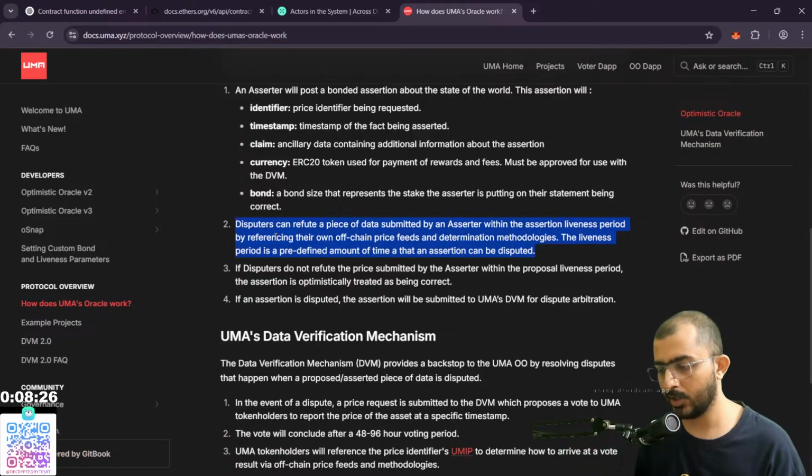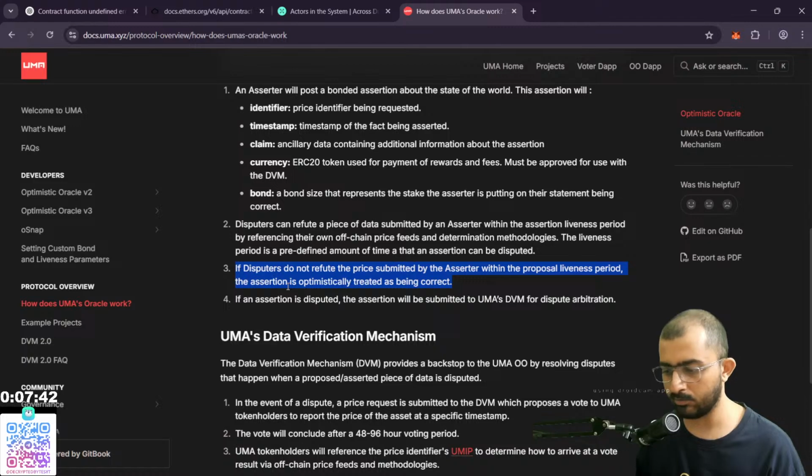Next part is disputers can refute a piece of data submitted by asserters within the assertion liveness period by referencing their own off-chain price feed and determination methodologies. The liveness period is a predefined amount of time that an assertion can be disputed. If disputers do not refute the price submitted by the asserter within the liveness period, the assertion is optimistically treated as correct.